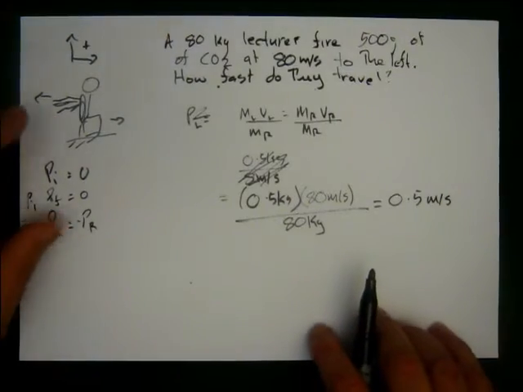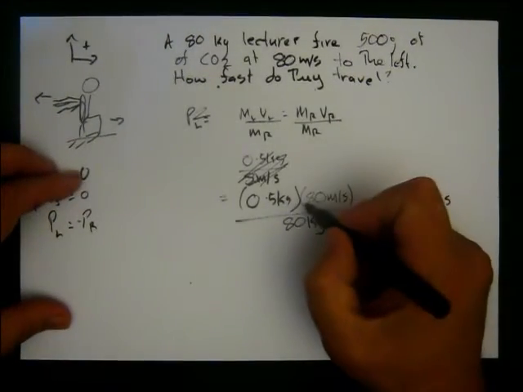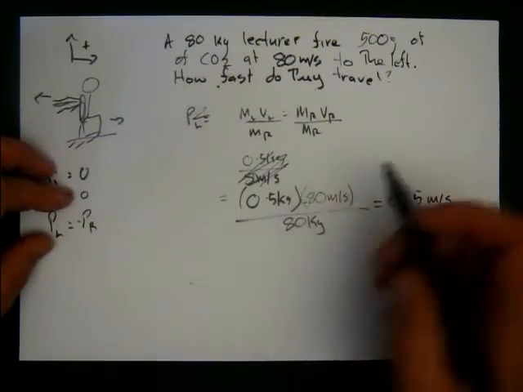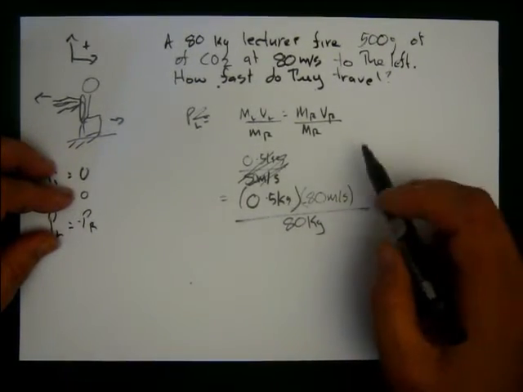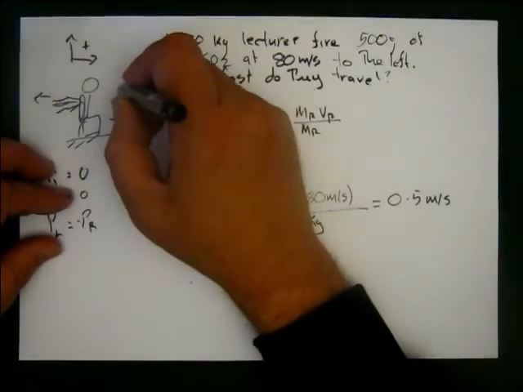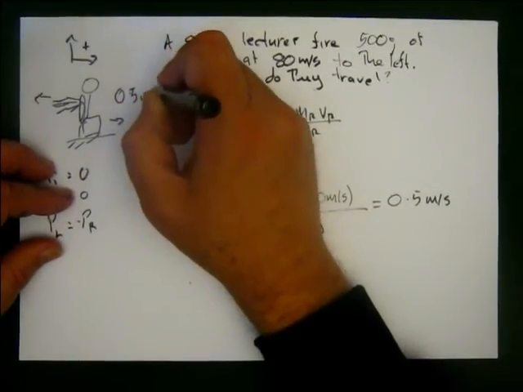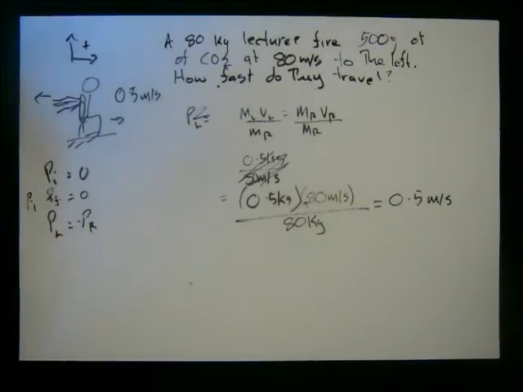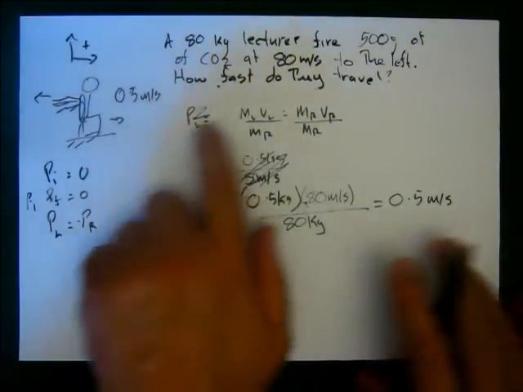Okay, so this is actually negative 80. So I'm going to end up going 0.5 meters per second that way, roaring off into the sunset.